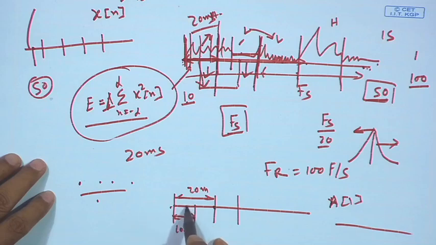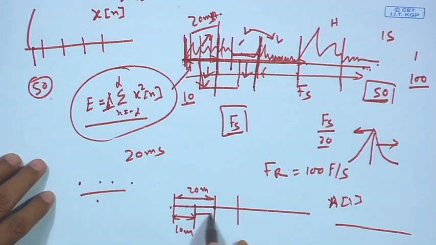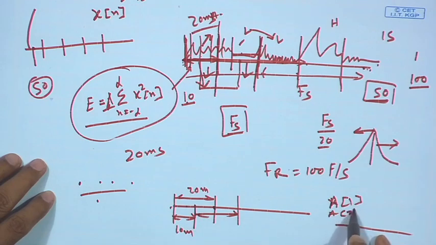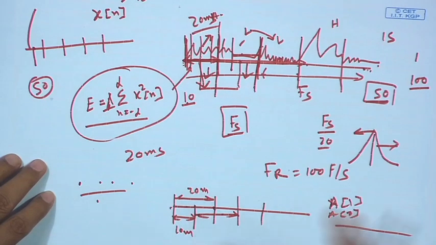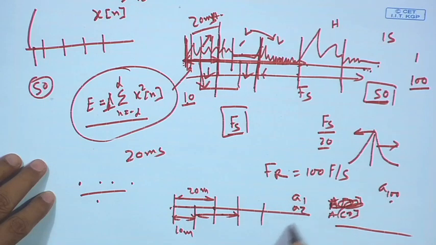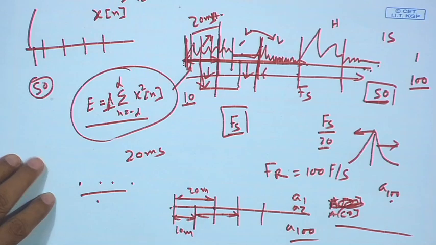Then I shift the window by 10 millisecond, again take 20 millisecond, and find A2 vector. Then I again shift by 10 millisecond and take 20 millisecond, A3. So, in that case I will get A100. If I write it this way, A1, A2, up to A100 data I will get.